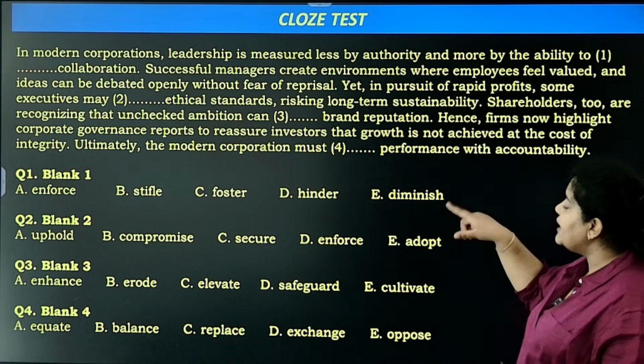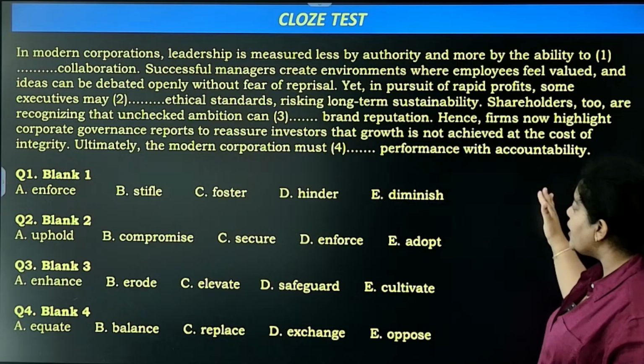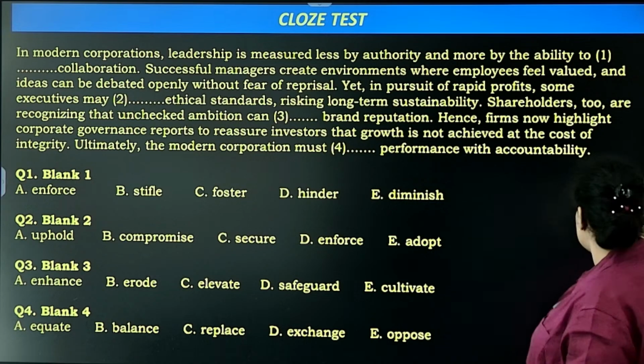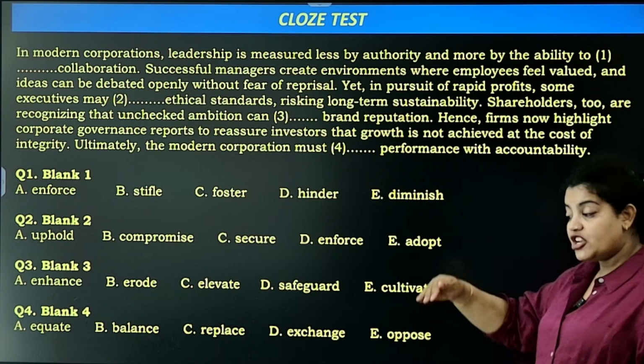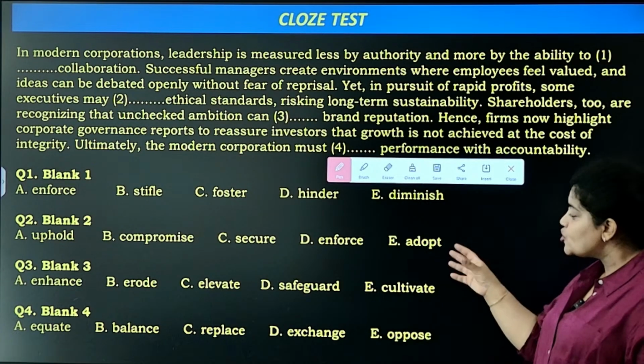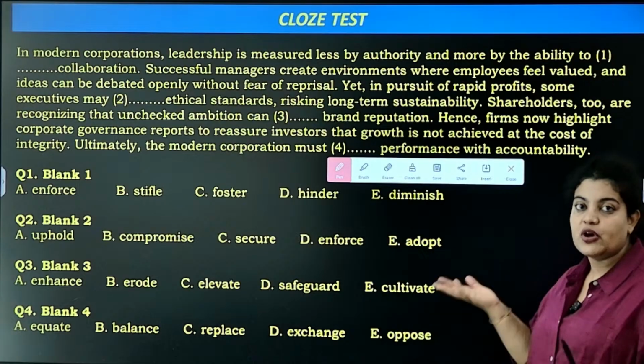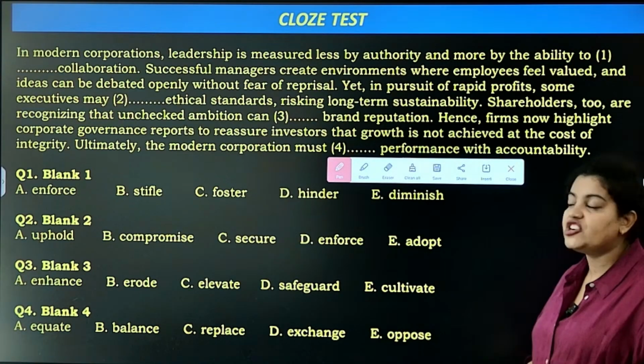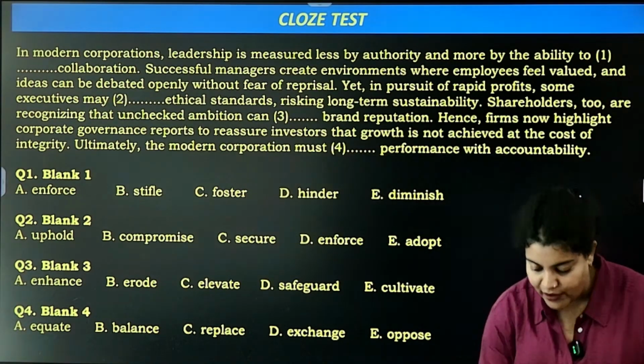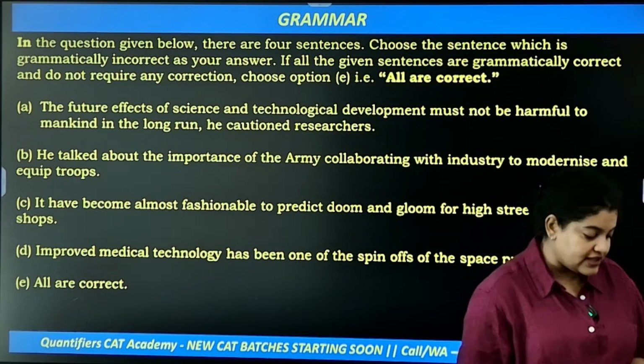Okay, so ultimately the modern corporation must equate, मस्ट आ गया ना यार. ओके, सो मस्ट तो एक नेसेसरी कंडीशन है कि उनको इक्वेट करना ही पड़ेगा. ओके, सो उसमें द मोर बेटर वर्ड वुड बी बैलेंस. ओके, दैट इज फिजिबल आल्सो. इक्वेट करना वुड बी टू रिजिड एज एन आंसर. आई होप यू गॉट योर क्वेरी नाउ. राइट, ट्राई दिस क्वेश्चन.